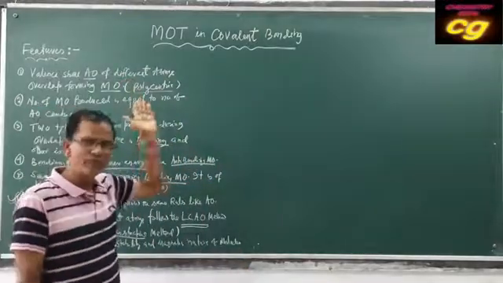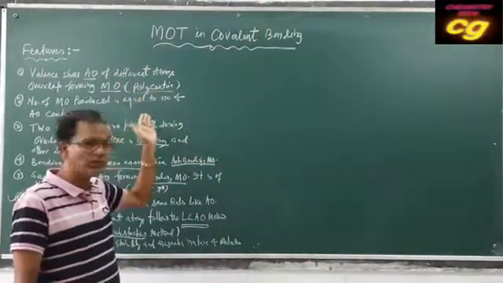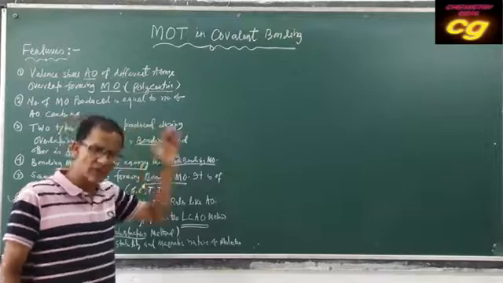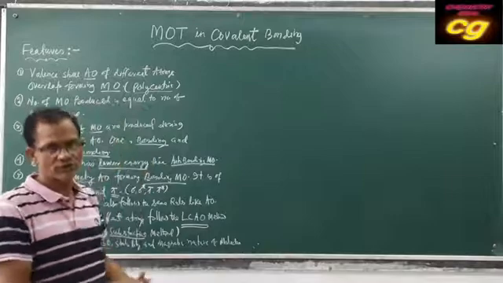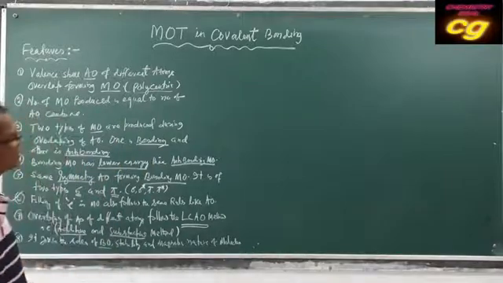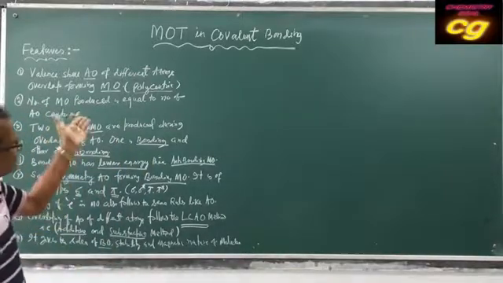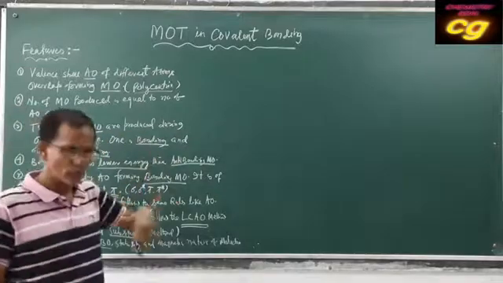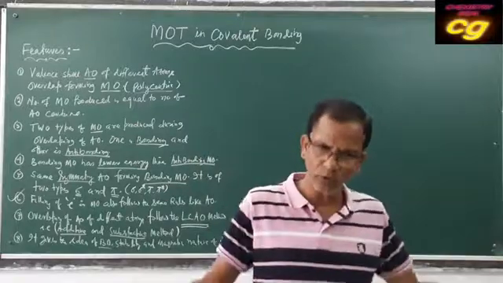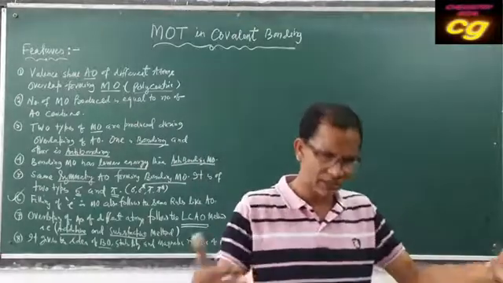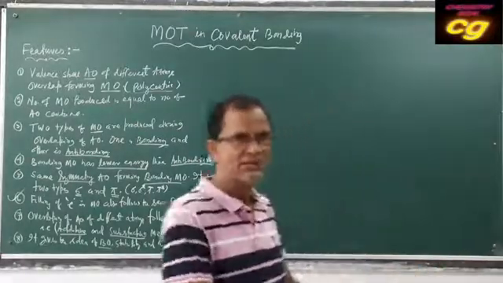If you see from the beginning, we have already known the sharing of electrons and the Lewis structure, like octet rule satisfaction. Then we discussed the formation of sigma bond and pi bond by the overlapping of atomic orbitals, either axially or sideways.